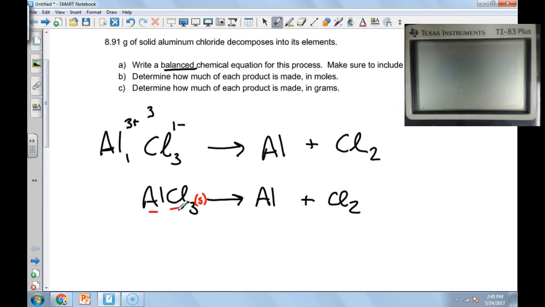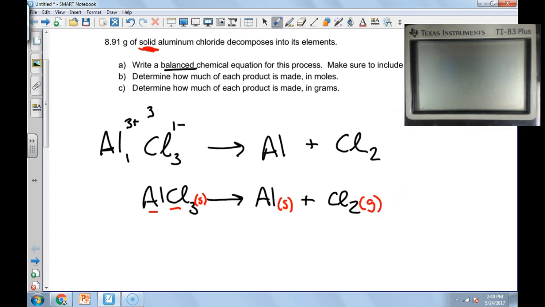Ionic compounds are always found as solids. Secondly, it says solid aluminum chloride. Don't underestimate the power of answers being given to you in the question. And then aluminum is a metal, so that's a solid. And then chlorine is a gas on the periodic table.